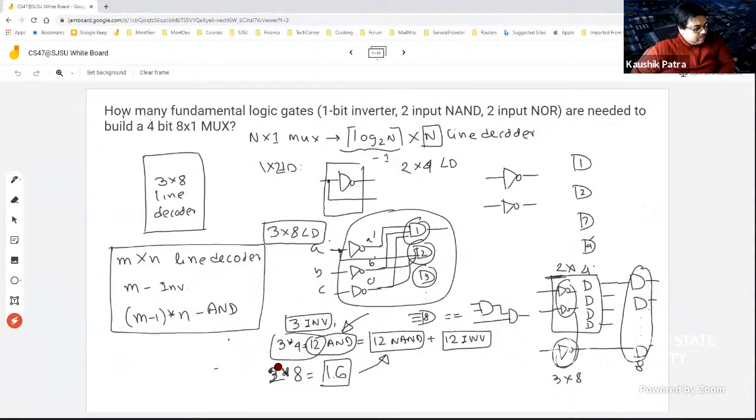So it has to be 2 multiplied by 8, which is 16. That means 16 AND gates and 16 inverters. Please make sure you adjust your calculation accordingly if you follow this formula. However, 12 AND gates is a right answer too. Let me explain that.